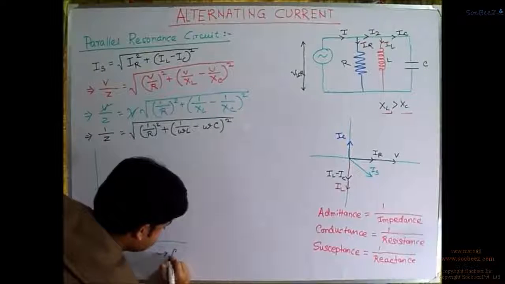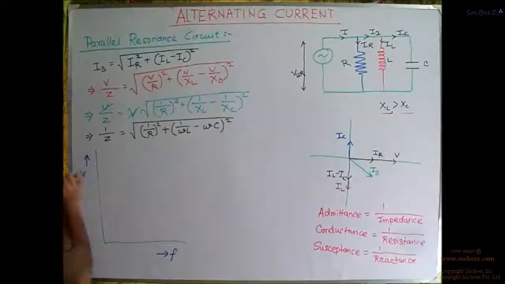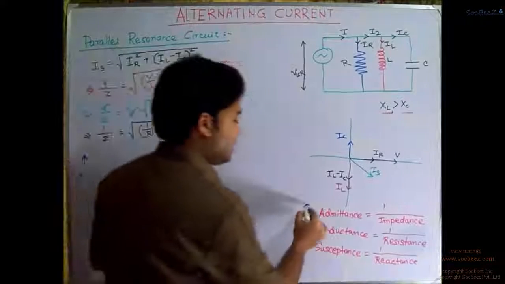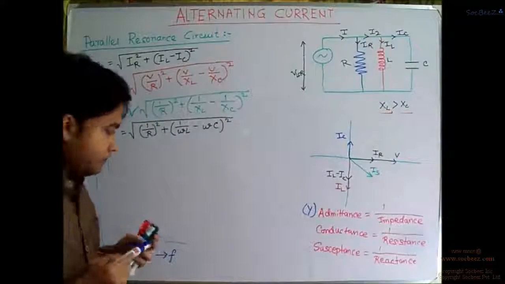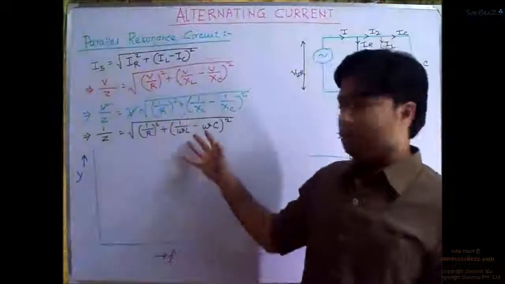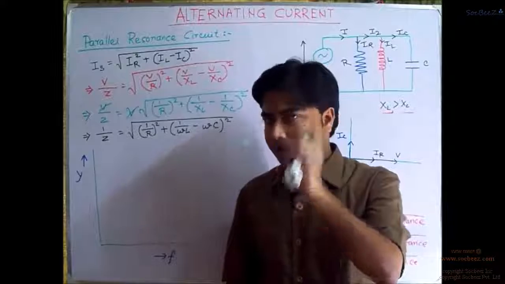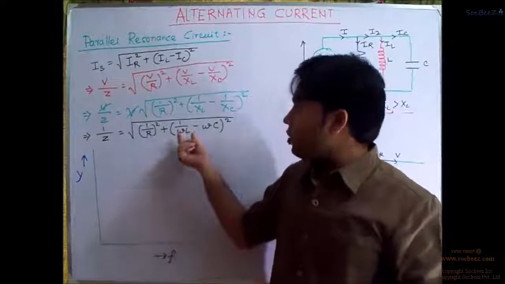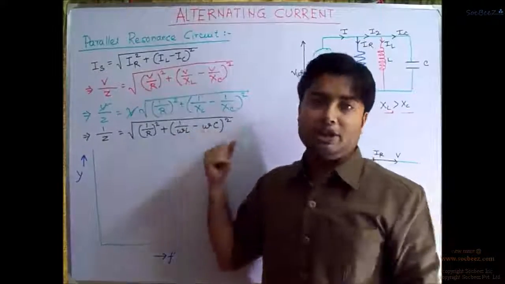Say this is the frequency and this is the admittance. We actually represent this admittance as Y, which is equal to 1 divided by Z. So, looking into this expression, there will come one frequency for which this 1 divided by omega L will simply be equal to omega C.